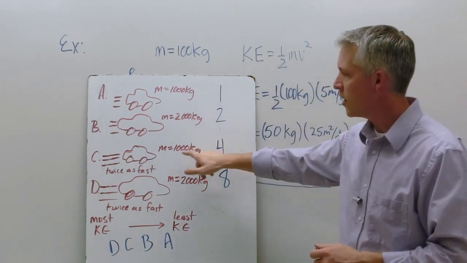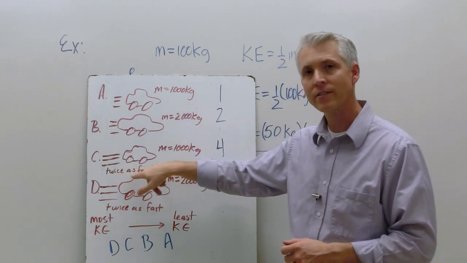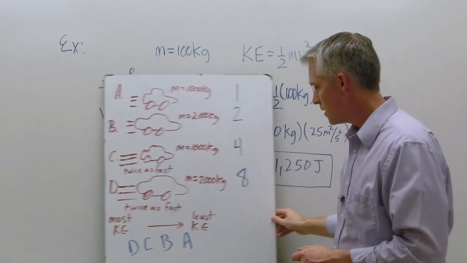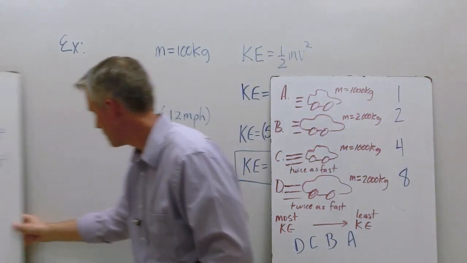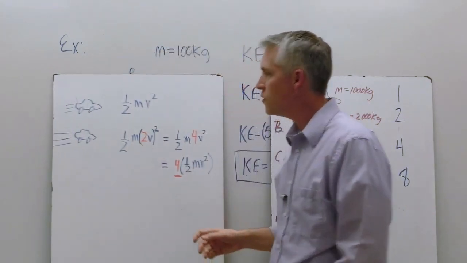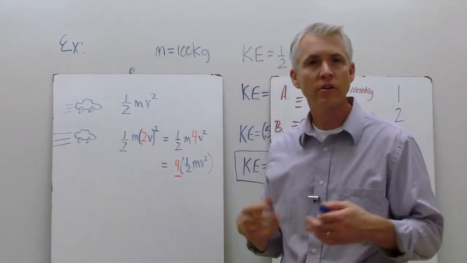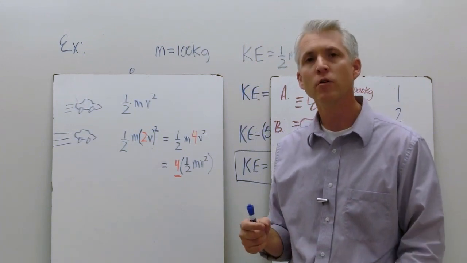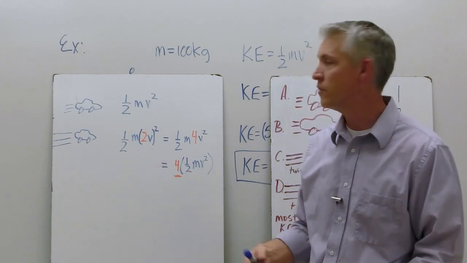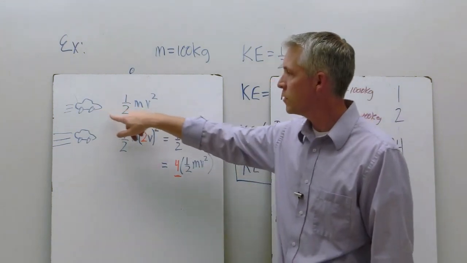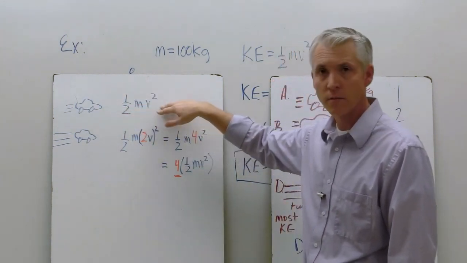Now this idea of going twice as fast giving you 4 times the energy is actually really important when you think about car accidents. If you are speeding, it definitely increases your kinetic energy, but if you happen to be going twice the speed limit, think about what that means in terms of physics. You'd have this much kinetic energy if you're going the speed limit.